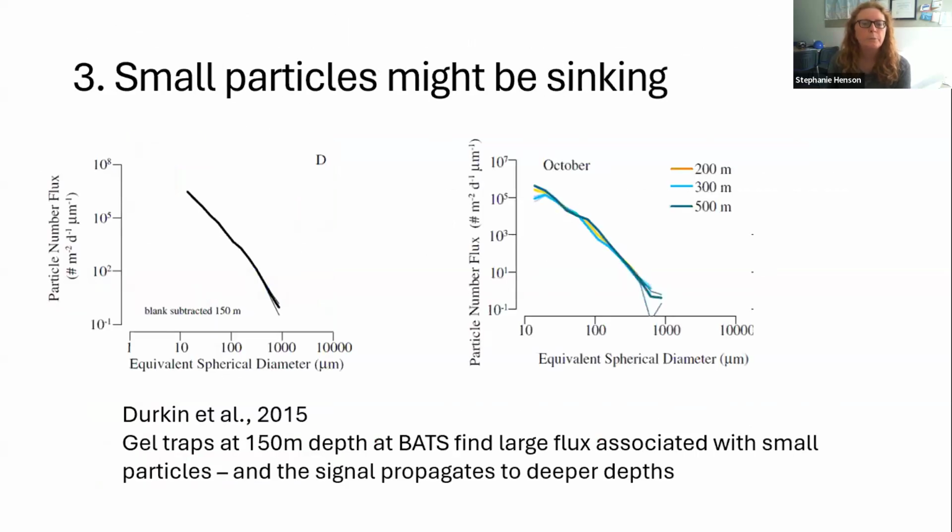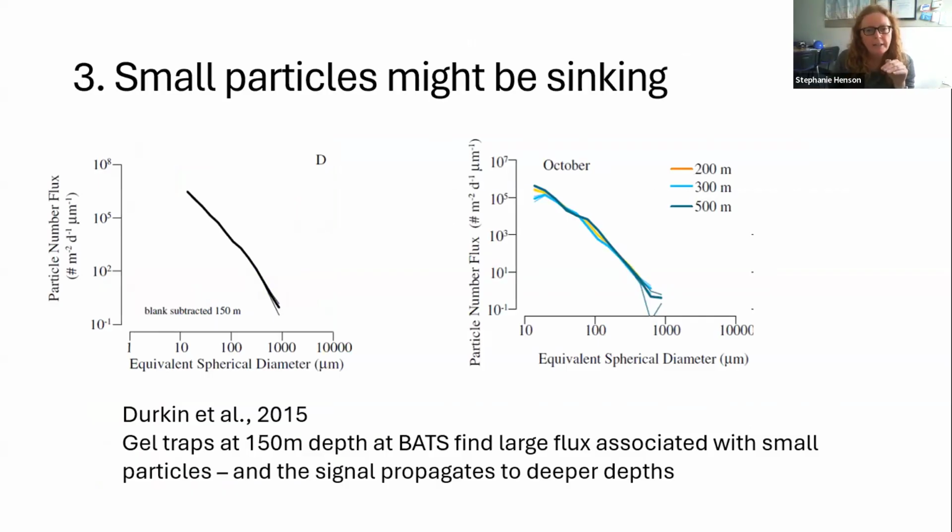The third hypothesis was small particles could be sinking directly. So it could be part of the gravitational flux. And this is from Colleen's paper that I mentioned already, where she used gel traps at BATS at the Bermuda Atlantic Time Series site. And you can see there's size along the bottom, and then there's a particle number flux up the side.